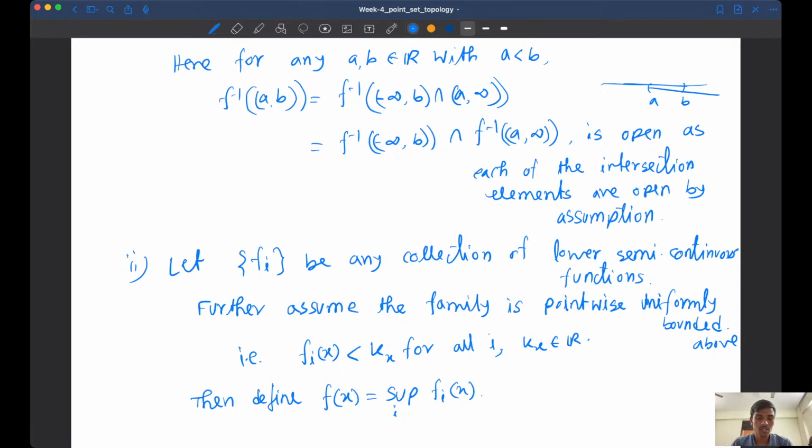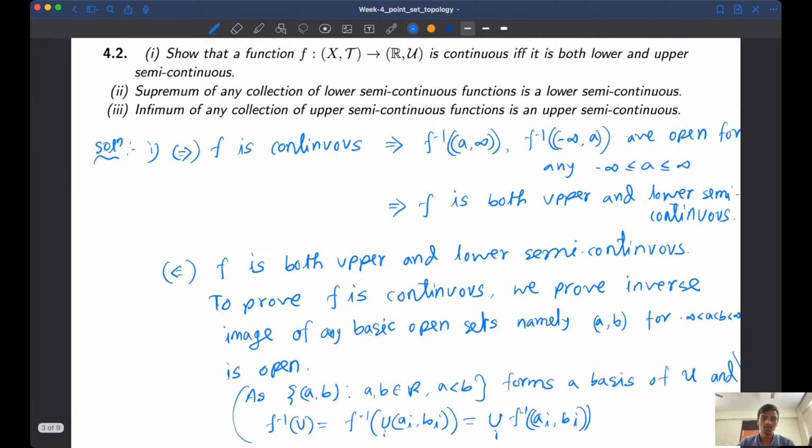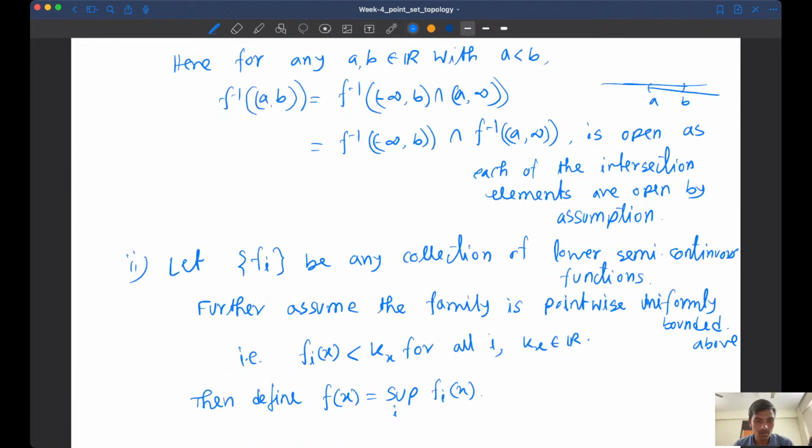Okay, so we claim that this f is also lower semi-continuous. That's what we need to prove. Because for lower semi-continuous we have to see whether f inverse of (a, infinity) is open or not. So what happens if I consider f(x) greater than some a?